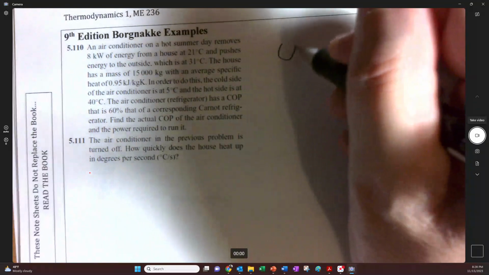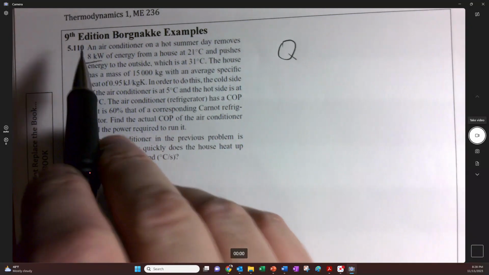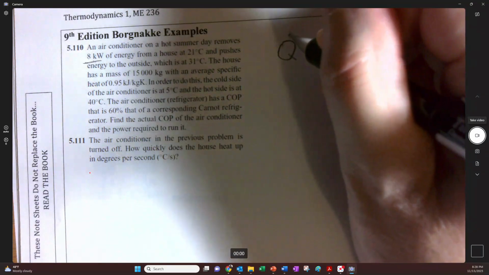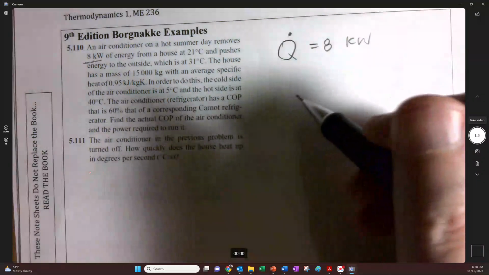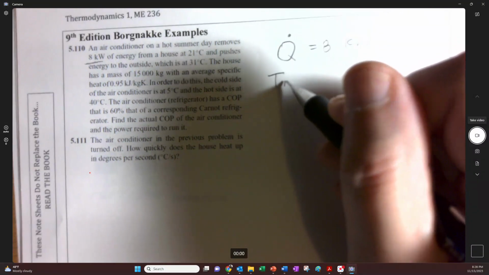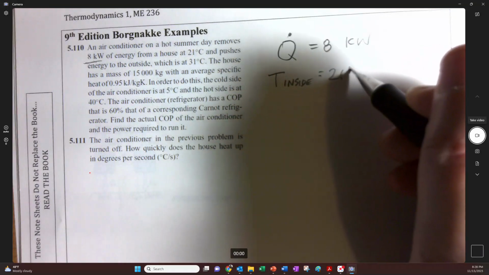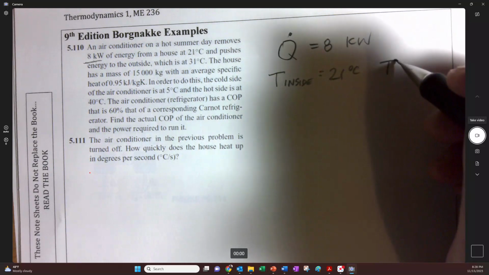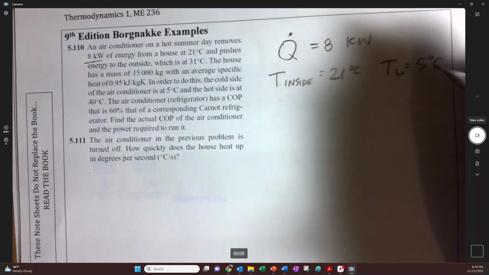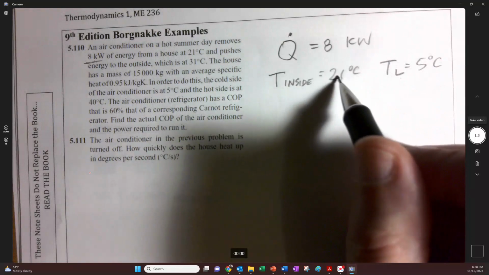Okay, so they tell us what we're moving. We're expelling 8 kilowatts of heat out of this thing, and I drew a little house. So the inside temperature is going to be equal to 21 degrees Celsius, but we need a low temperature side of the refrigerator to be 5 degrees Celsius in order to make the house 21 degrees.